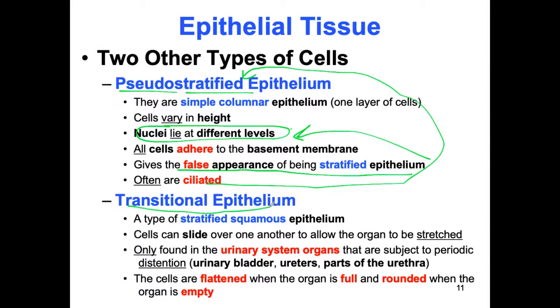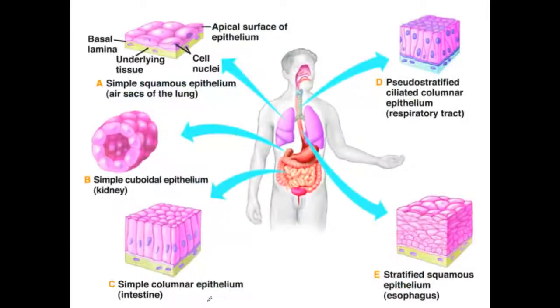And transitional, this is a type of stratified squamous. We're going to find it in the urinary tract. So whether it's the urinary bladder, the ureters, or even parts of the urethra, these cells can be flattened when the organ is full, or it can be rounded when the organ is relaxed and empty.